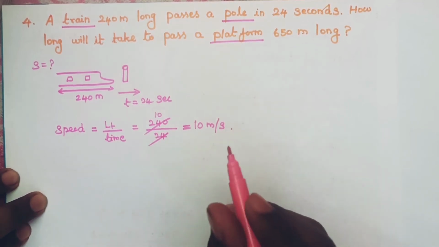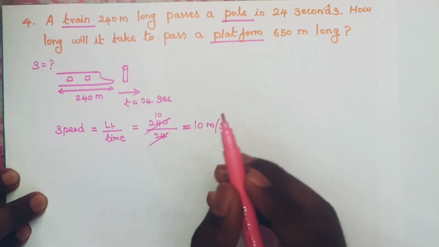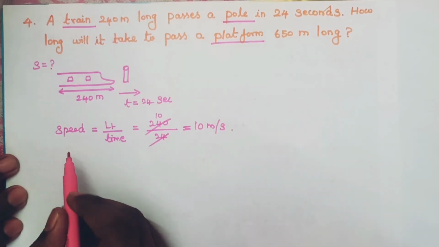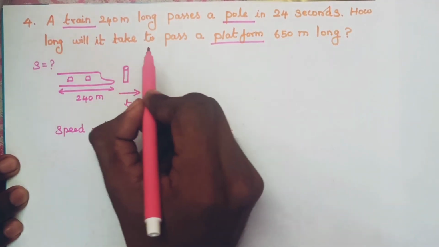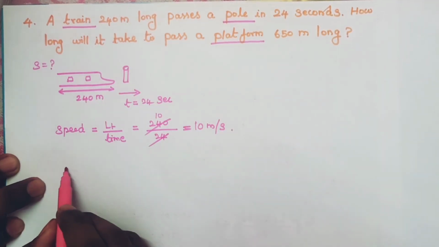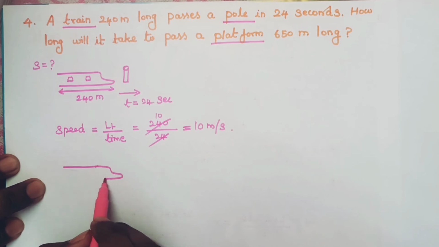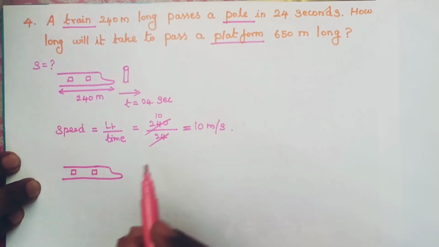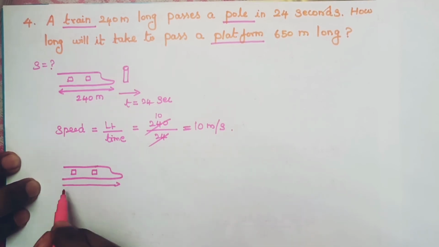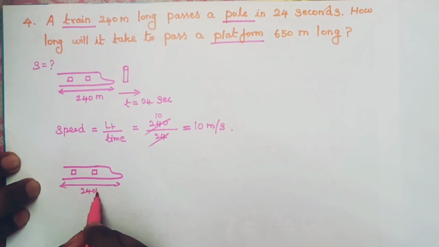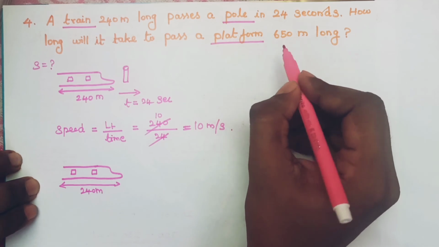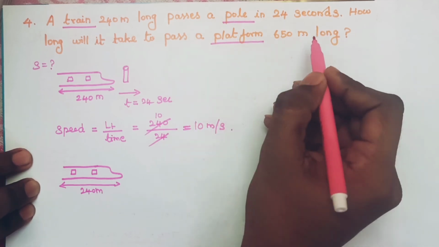Now you will just substitute this speed into the line method formula. So here, how long will it take to pass a platform 650 meter long? Just combine the question now. A train 240 meter long. Now, what time would it take to cross the platform 650 meter long?